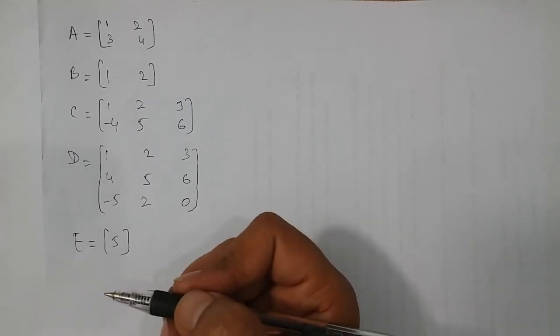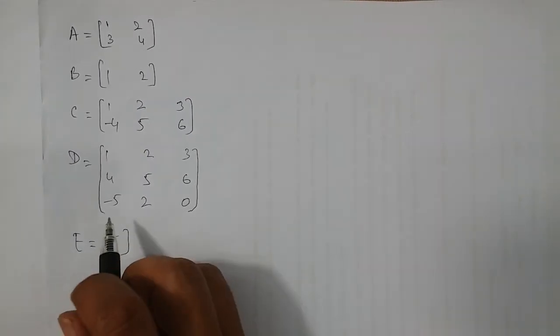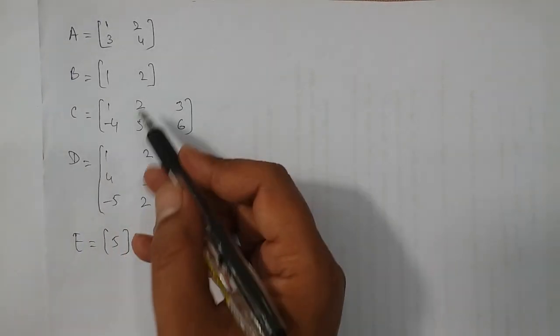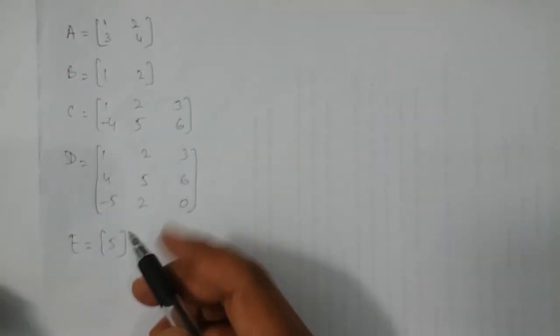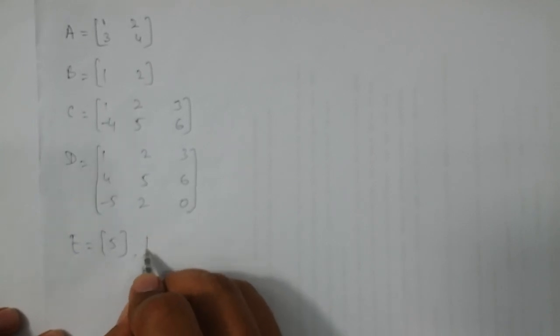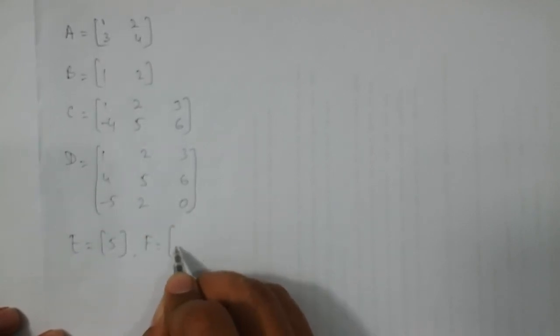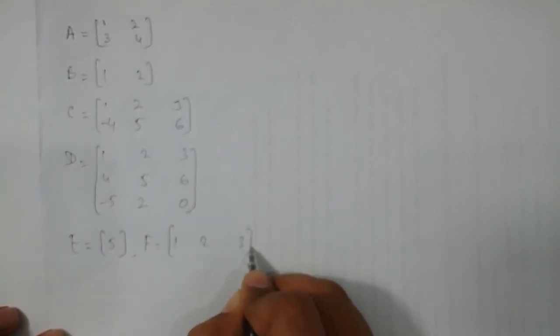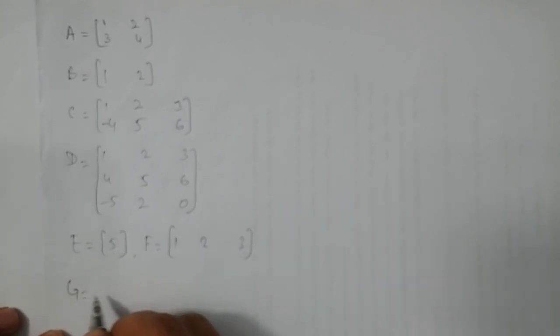So a matrix can be written in any form as I have written over here, and there are many other forms. Like if I write 1 2 3 in horizontal way, it will be fine. If I write it in vertical way, it will also be fine.